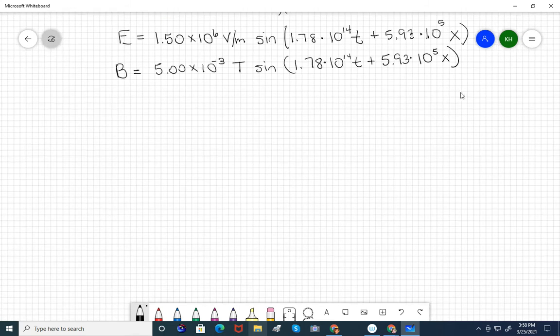If we look at number 7 out of the back of the chapter, it tells us that the electric field of a sinusoidal electromagnetic wave obeys this equation. E equals negative 375 volts per meter, so that's my electric field.